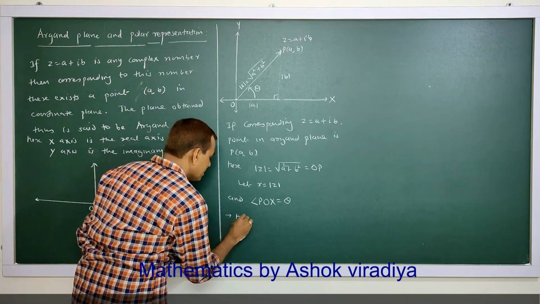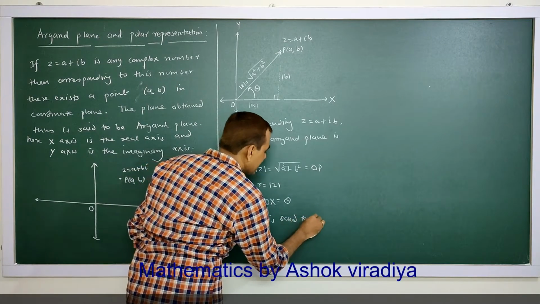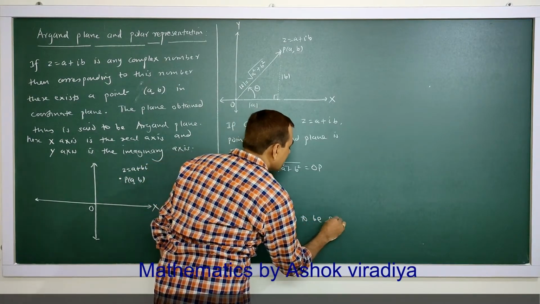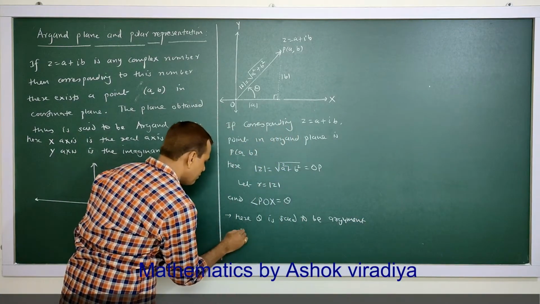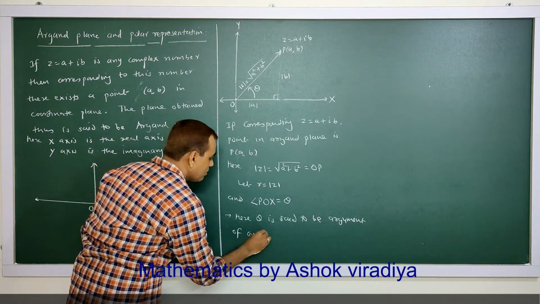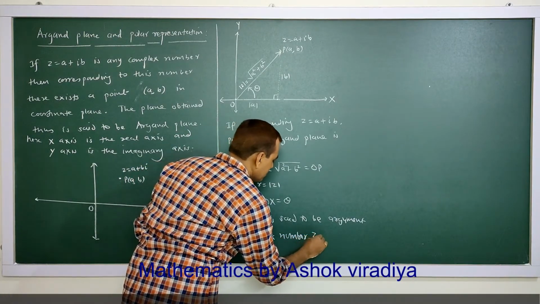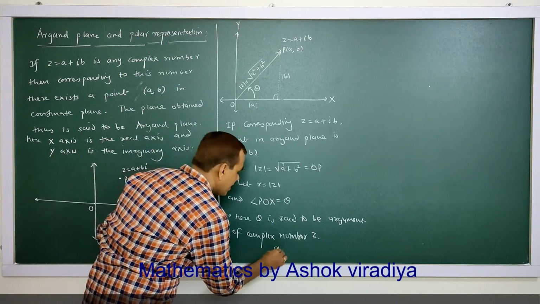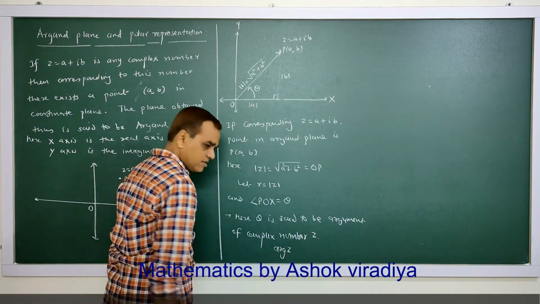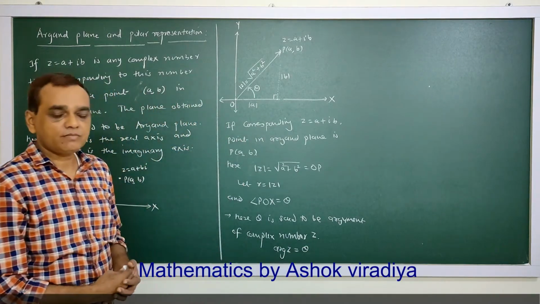Here theta is said to be the argument of the complex number z. In short, argument of z is equal to theta.